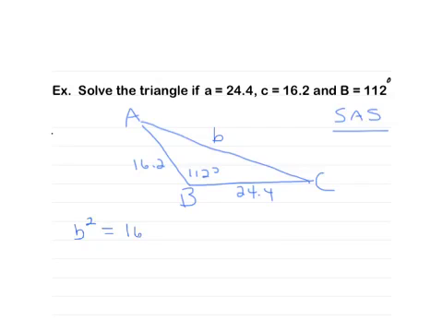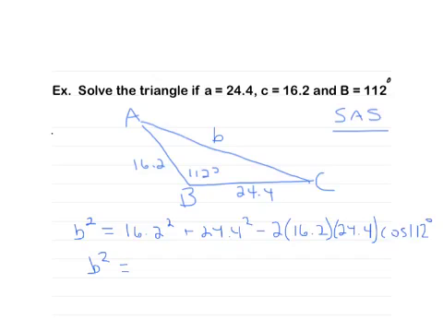So I'm going to take my 16.2 squared plus 24.4 squared minus 2 times 16.2 times 24.4 cosine 112 degrees. And that'll equal b squared. I'm going to put this whole entire thing into my calculator as is. You can type it exactly the way I have it here, and we'll come up with what b squared equals.